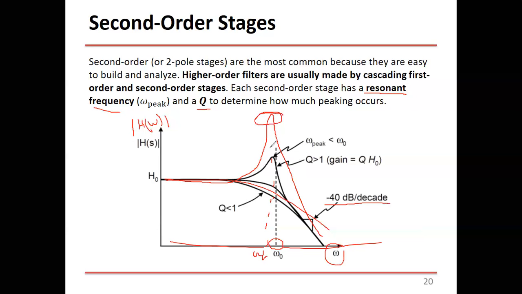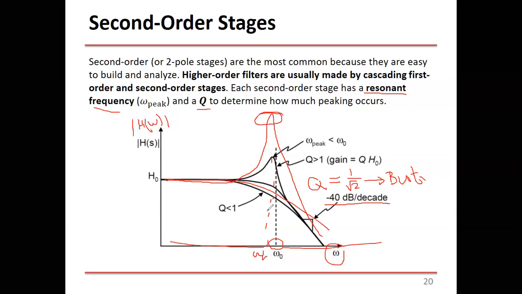As Q goes low, this height goes down, down, down until you reach the minimum, which is the maximally flat, which is the Butterworth, when Q is 1 over square root of 2. So that means you are designing a Butterworth approximation. There's no peak or height here, it's flat and it's smoothly going to the transition region, okay?